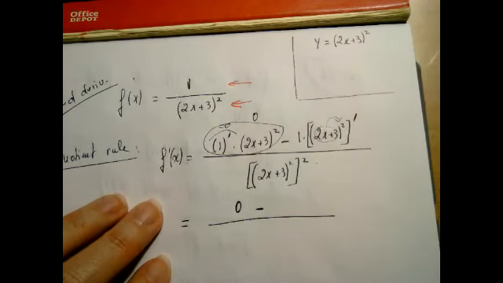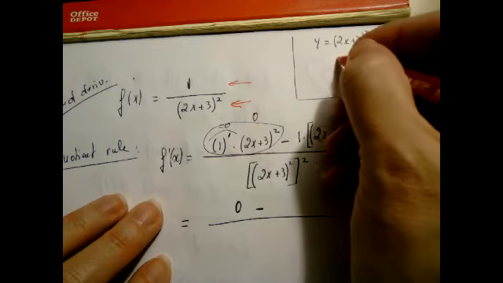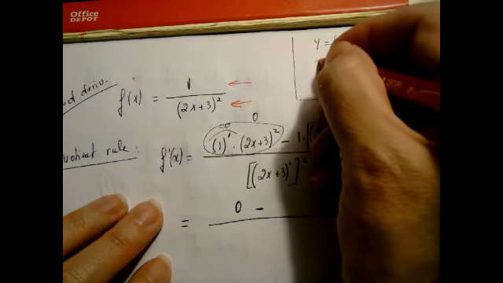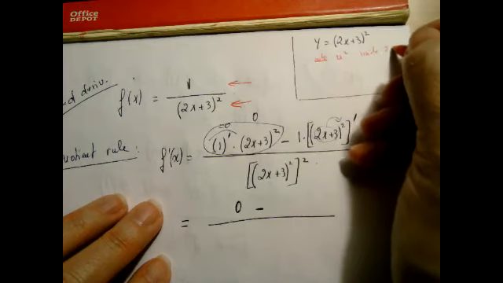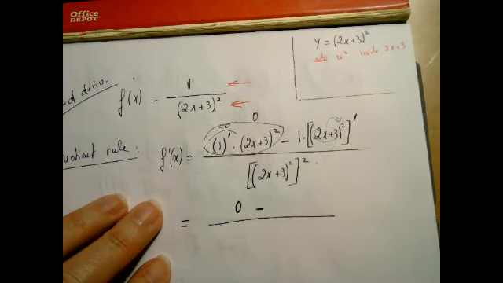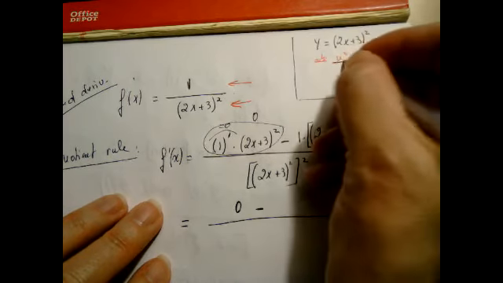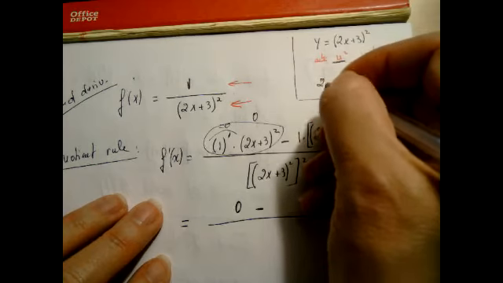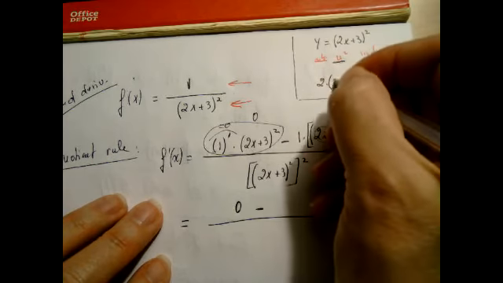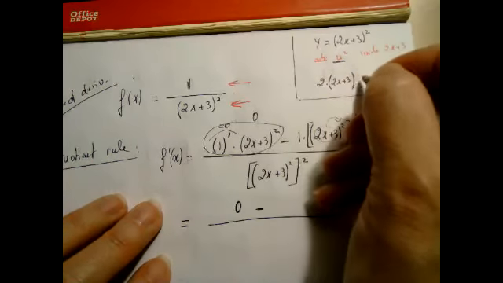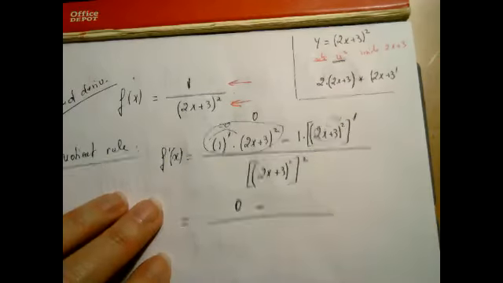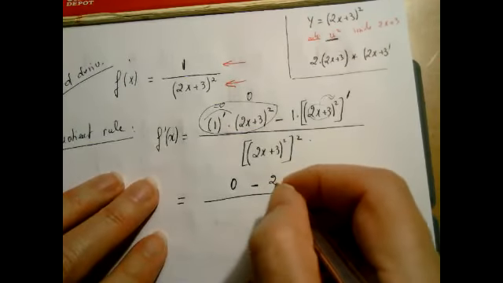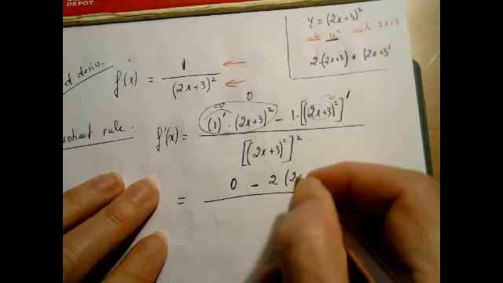The outside is u squared, and the inside is 2x plus 3. So the derivative is the derivative of the outside, which is 2u, evaluated at the inside, times the derivative of the inside. So the derivative here should be 2 times (2x plus 3).